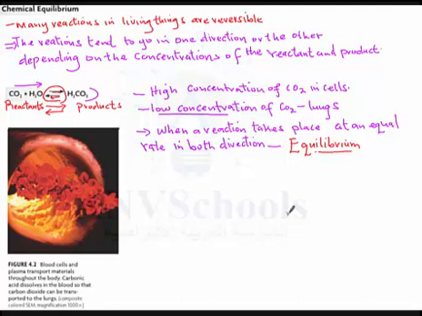Welcome back. In the previous video, we looked at chemical equilibrium. We said that when a reaction takes place at an equal rate in both directions, an equilibrium has been reached.